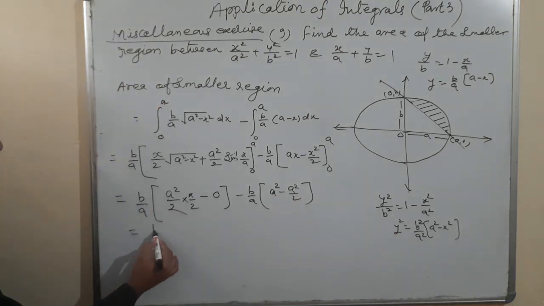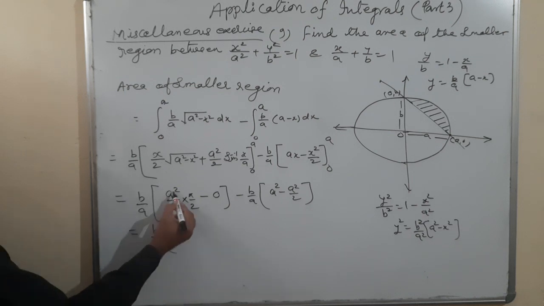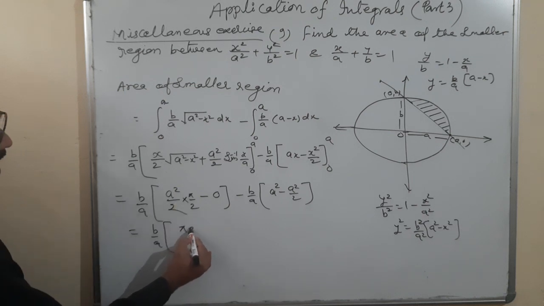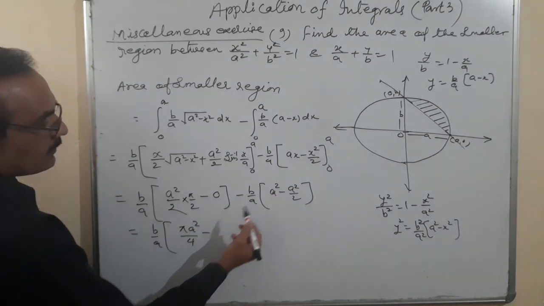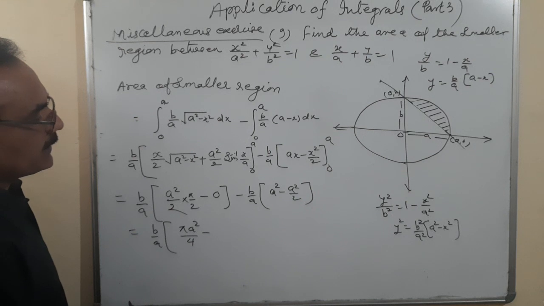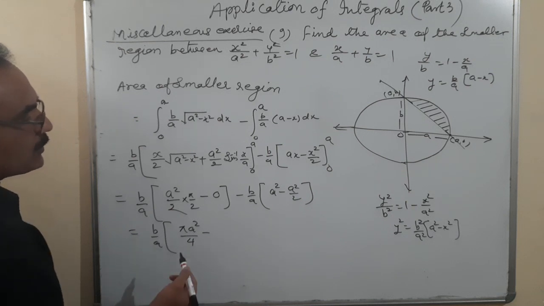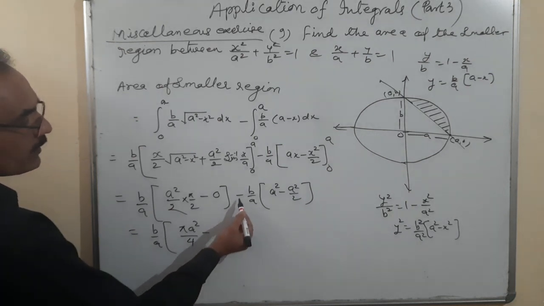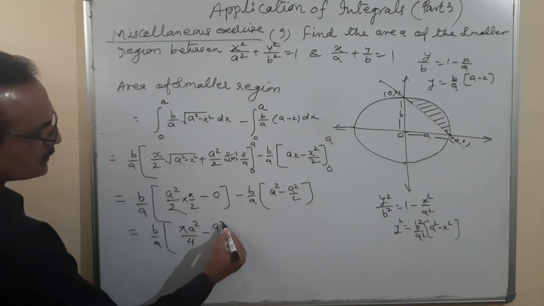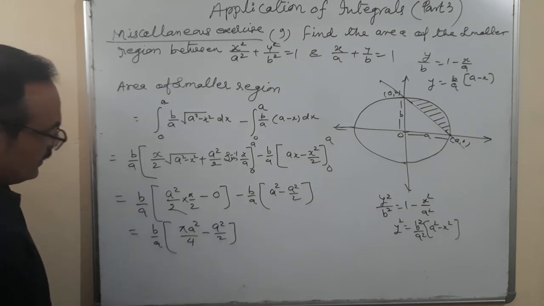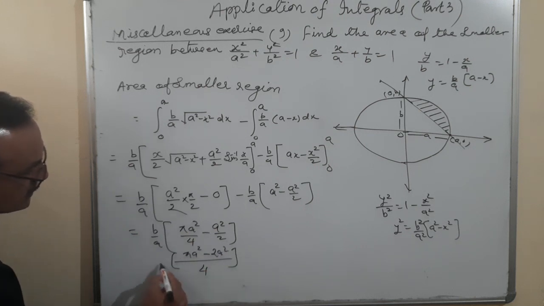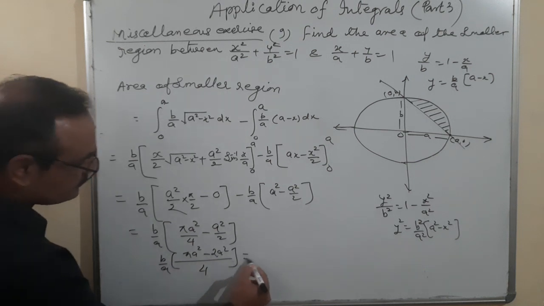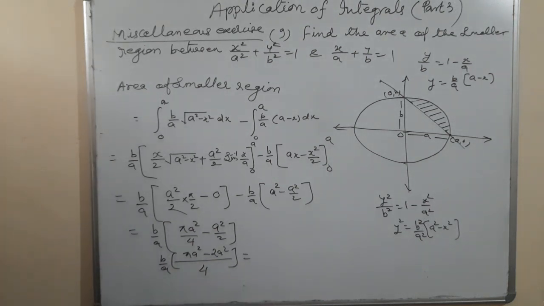So I'll take b upon a common from both the terms. It is pi a square upon 4 minus a square minus a square by 2. This is a square by 2, 1 by 2 a square minus a square by 2. Okay. LCM 4, pi a square minus 2a square. Outside there is b upon a. So what can be written here?